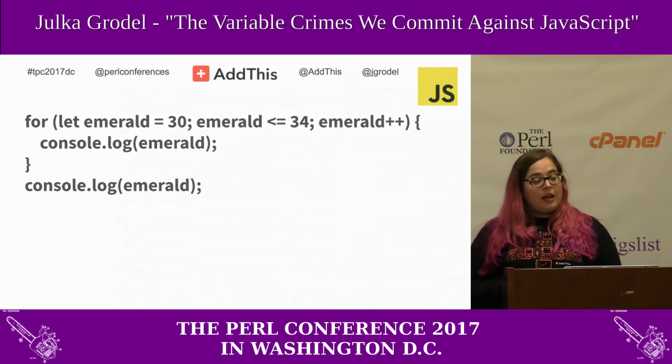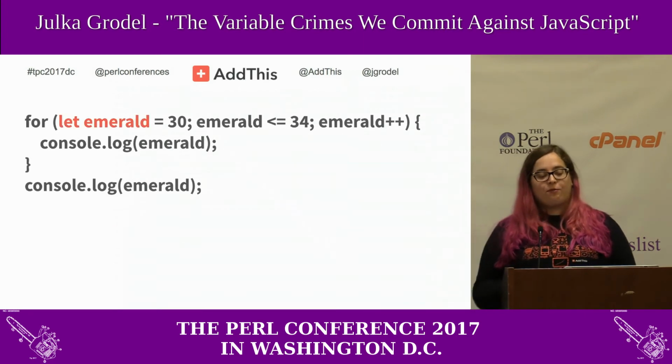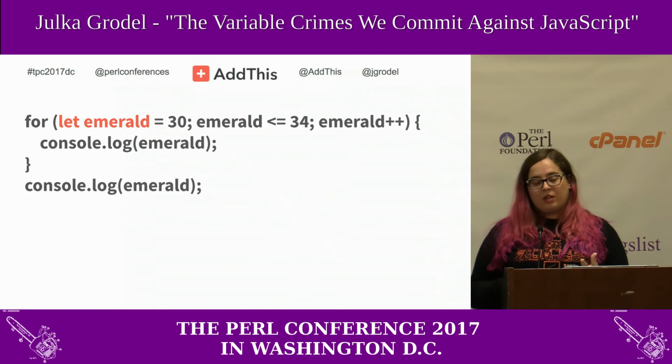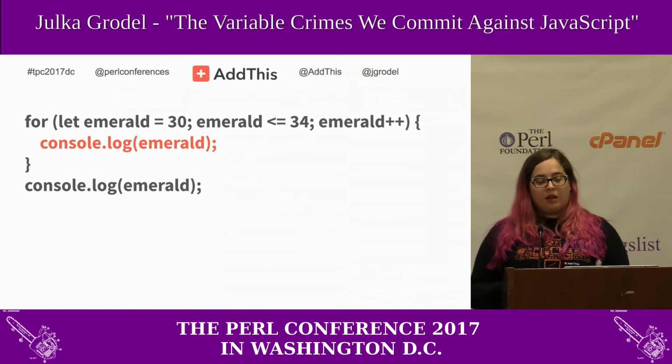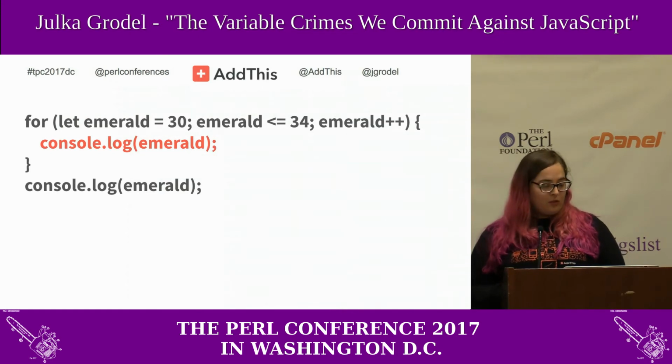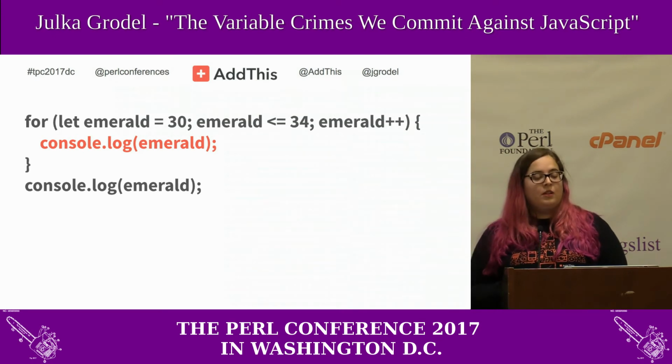All right, and here's an example of that in a for loop. So I can say for and initiate my iterator. I'll say let emerald equal 30. And then I'll come in here and console log that out. After that, emerald ++ is going to run and increment emerald.